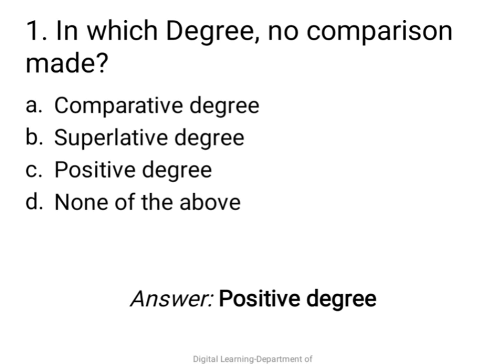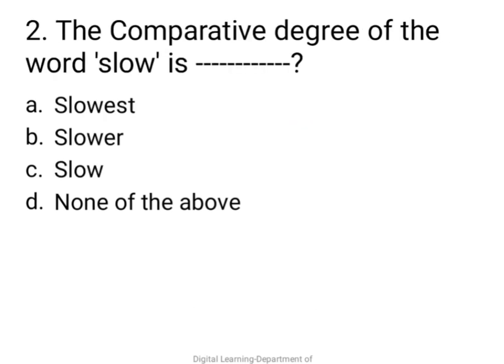So the answer is positive degree. Move to the second question. The comparative degree of the word slow is dash. Slowest, slower, slow, none of the above. What is the answer?